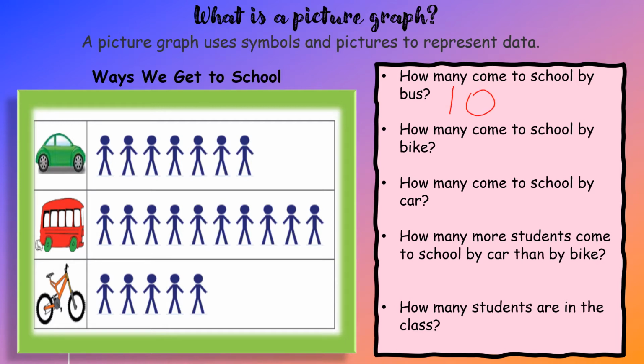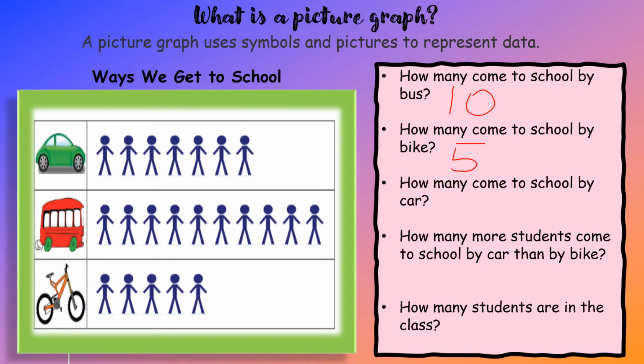All right, let's look at the next question. The next question says, how many come to school by bike? So let's go to the picture of the bike and let's count how many kids come by bike. 1, 2, 3, 4, 5. So 5 kids come to school by bike.